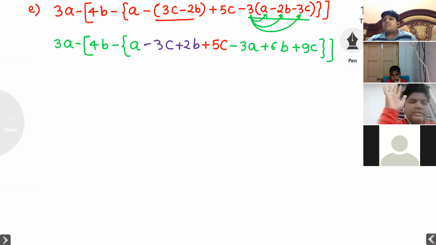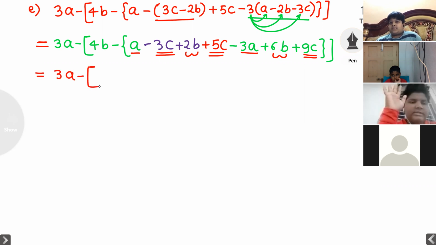A is here, plus A minus 3A, minus 3C plus 5C plus 9C, 2B, 6B. Whatever remaining terms are there, I will write as it is. 3A I will write as it is, minus as it is, large bracket as it is, 4B as it is, curly brackets as it is.